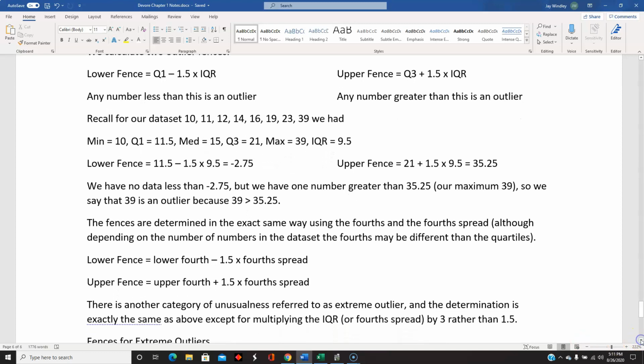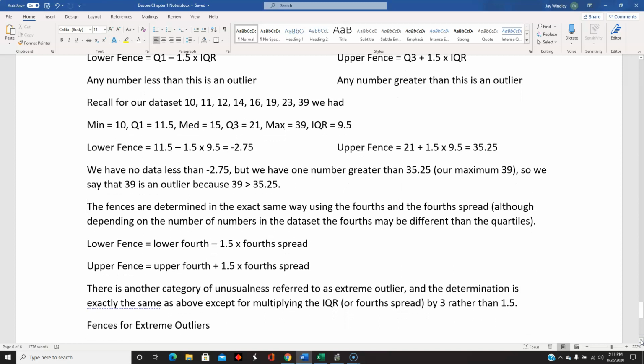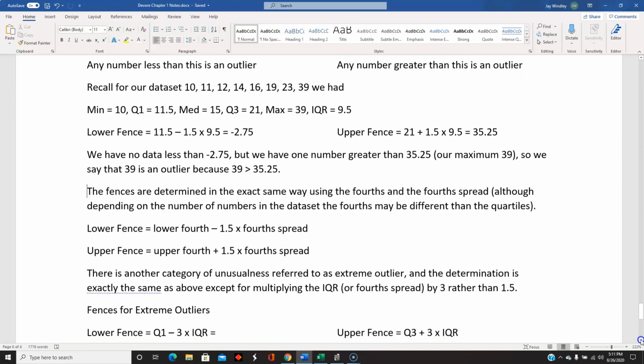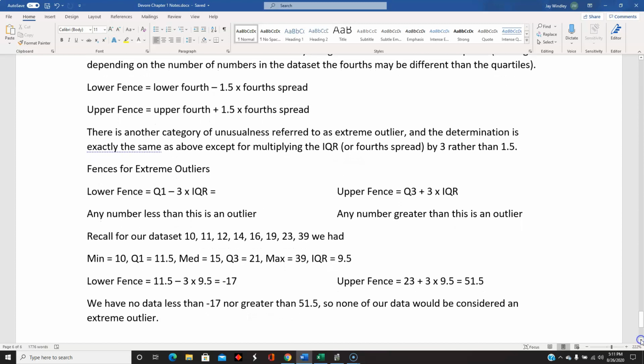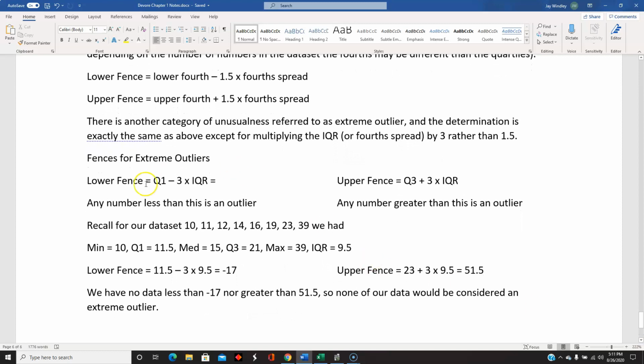And there's another category of unusualness referred to as extreme outliers. And the determination is exactly the same as what we just went over, except we're going to multiply the IQR, or the fourth spread, by 3 rather than 1.5. So that would look something like this. Quartile 1 minus 3 times the IQR, quartile 3 plus 3 times the IQR.